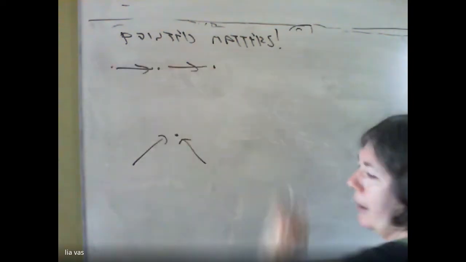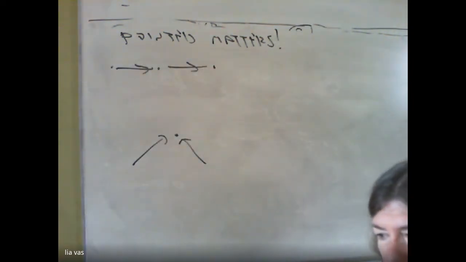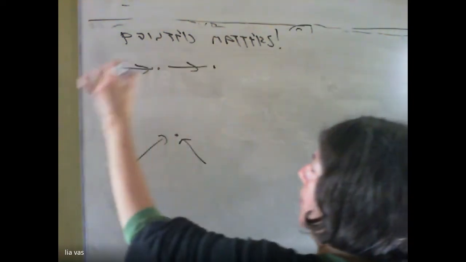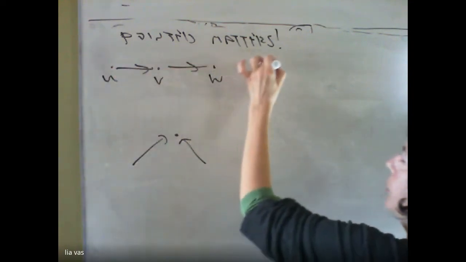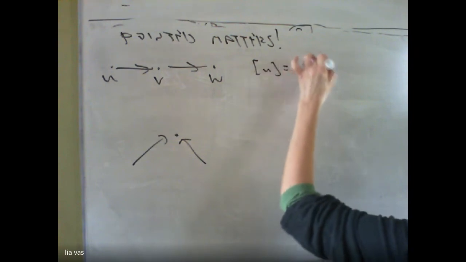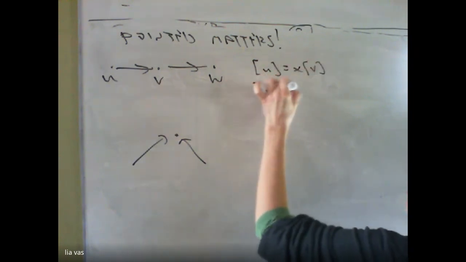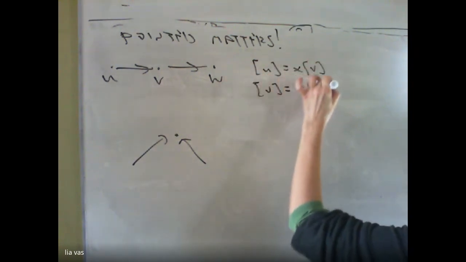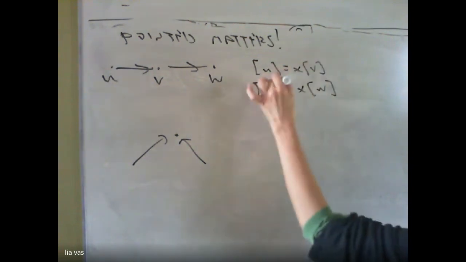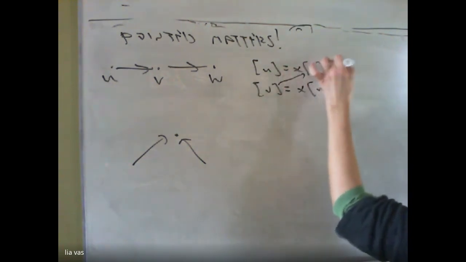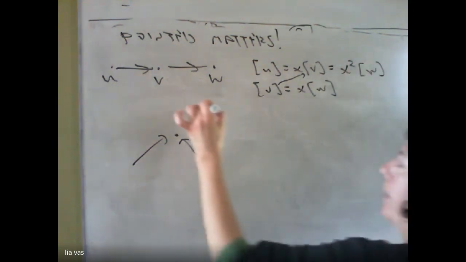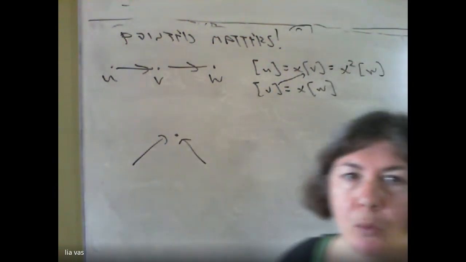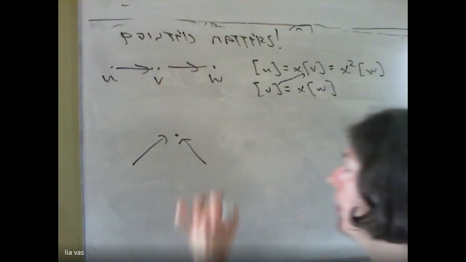So I think that we computed the monoid for this one before. Let me just remind you. So if this is u, v, and w, then you have that u is equal to xv, and v is equal to xw. So I can eliminate v from here, right? And I can say, aha, that's going to be x squared w. So I pretty much have only one generator w.